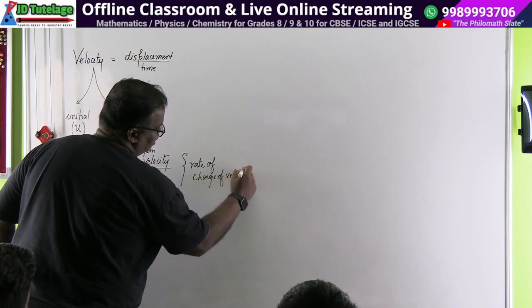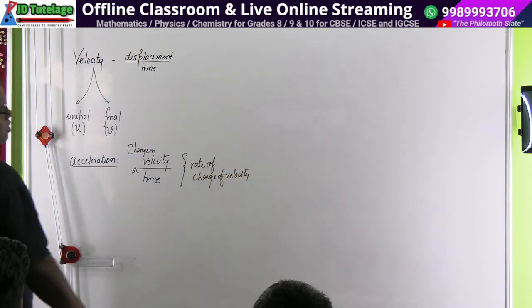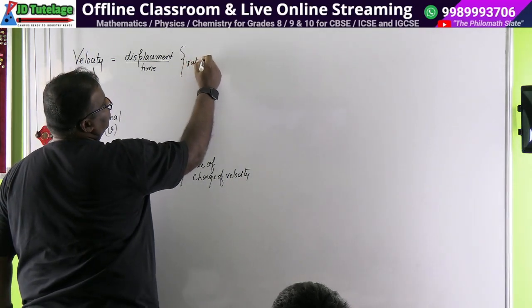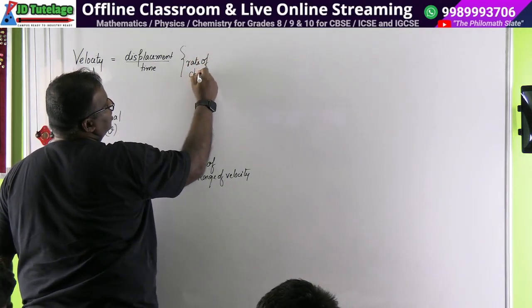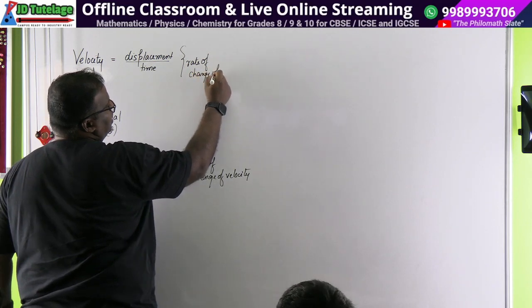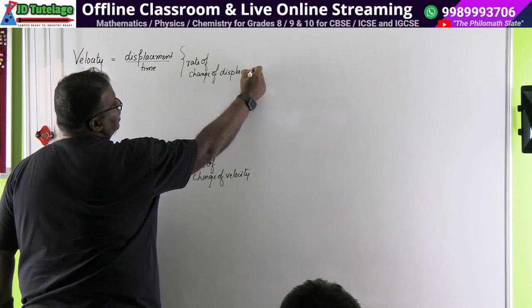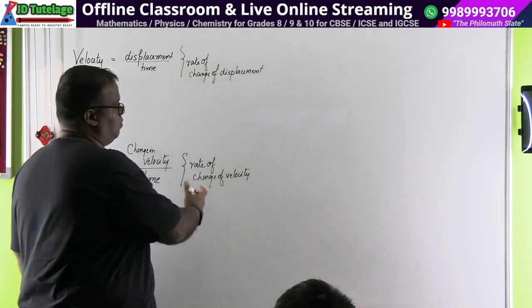These terms should be at your lips. What is velocity? Velocity is known as rate of change of displacement. Unless you read it this way in class 11, you won't be able to understand it. Rate of change of displacement, rate of change of velocity.